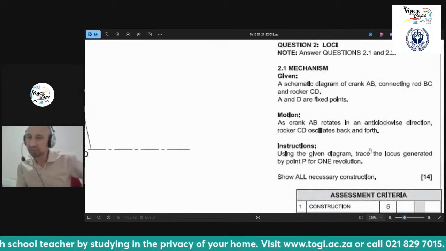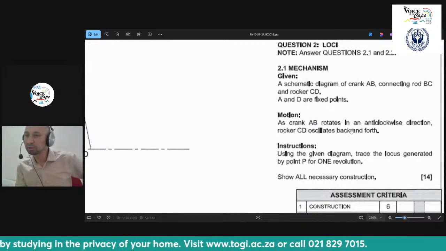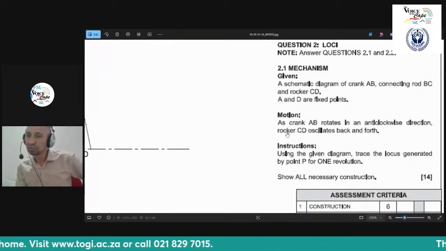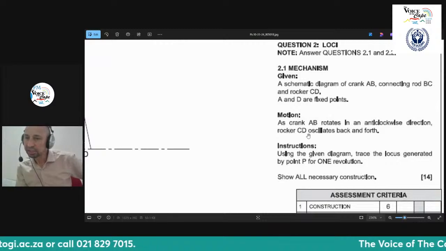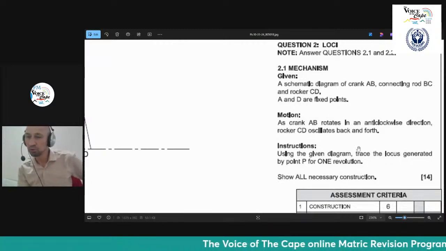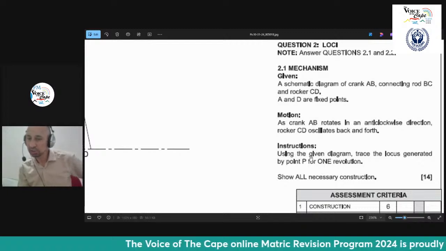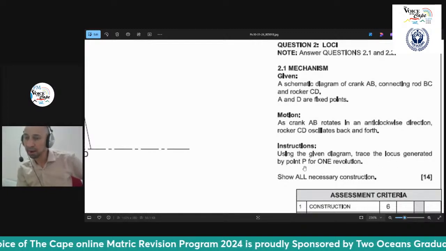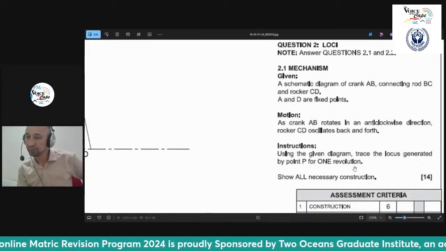And that's understanding. Motion. As the crank AB rotates in an anti-clockwise direction, the rocker CD oscillates. There's the word, back and forth. So it makes that swing movement. Using the given diagram, trace the locus generated by point C for one revolution.